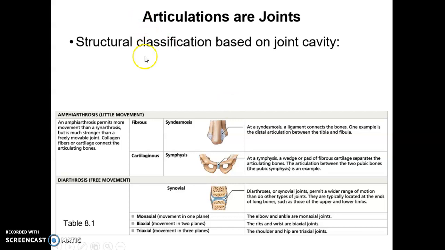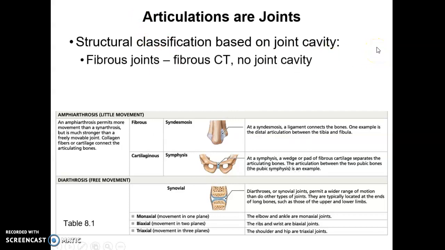The structural classification is based on presence or absence of a joint cavity. So a fibrous joint has fibrous connective tissue, but there's no joint cavity, like the articulation between the tibia and the fibula distally by the ankle. That would be an example of a fibrous joint.